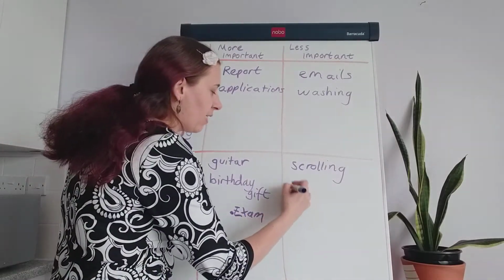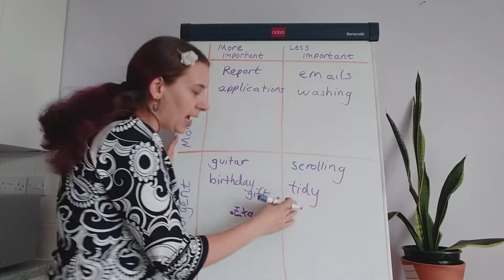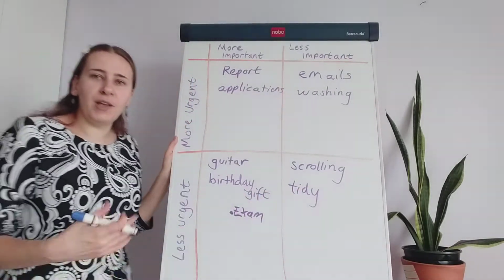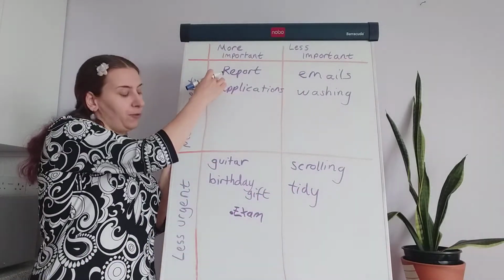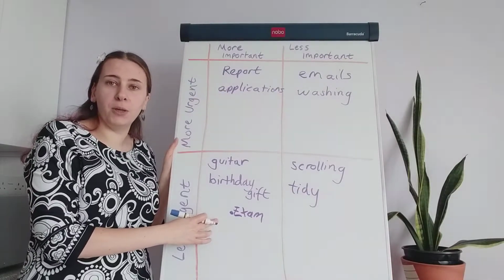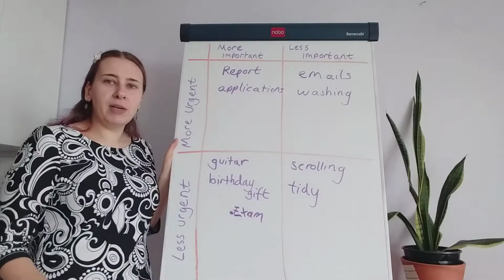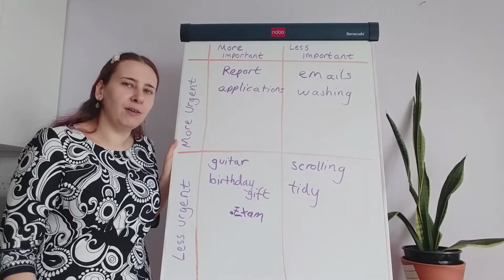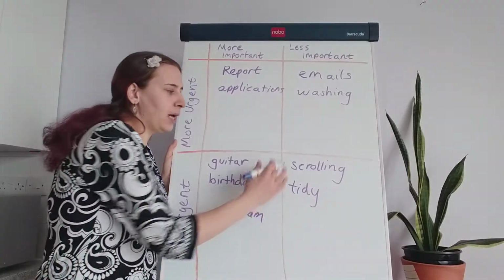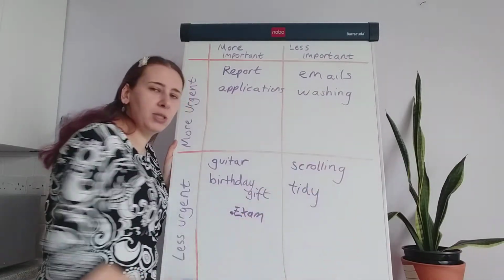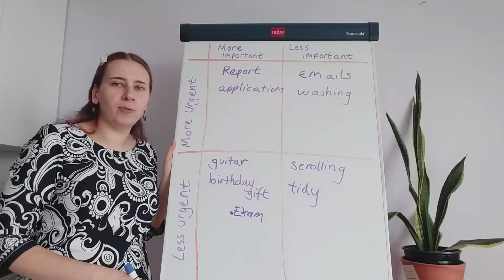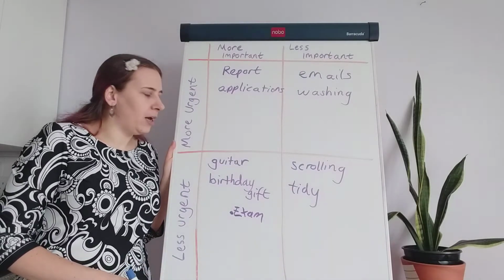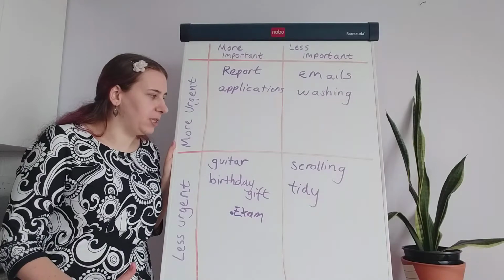Obviously tidying can be important, but if you're putting off doing a report or your revision, you might go, oh, now's a really good time to tidy my desk, even though it didn't need doing. So this box does tend to have unhelpful tasks, or unhelpful activities, in it.